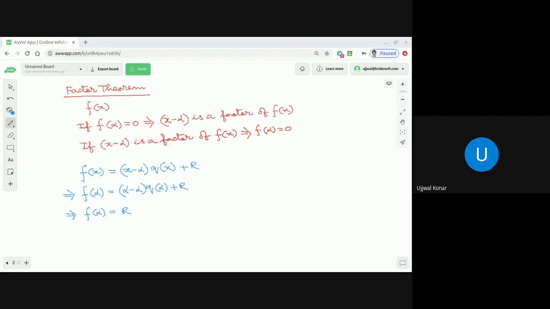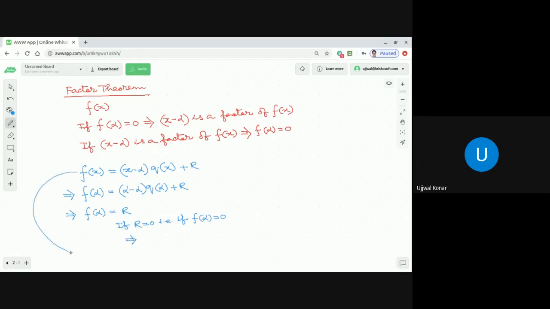So now if r equal to 0, that means if f of alpha equal to 0, then what are we going to conclude?